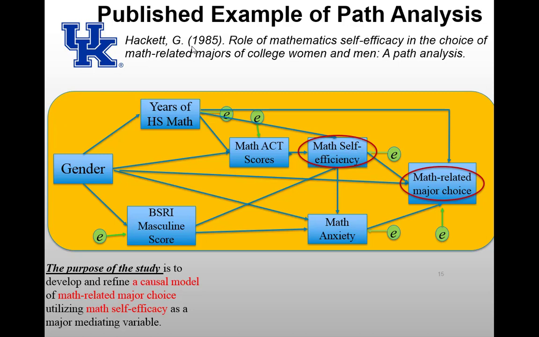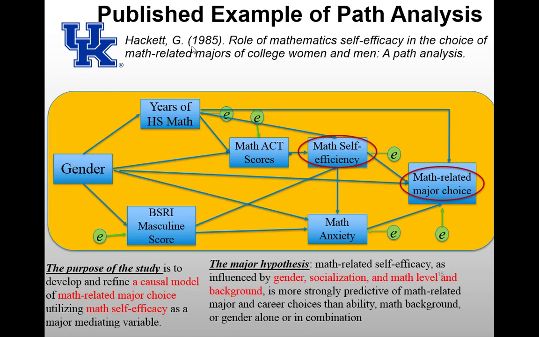Because if you see this model, there are a lot of mediators in here, right? Like math anxiety, math ACT scores, and years of high school math. Actually the only exogenous variable is gender, right? All the others in the middle could be viewed as mediators. But they are interested in this major one, math self-efficacy.